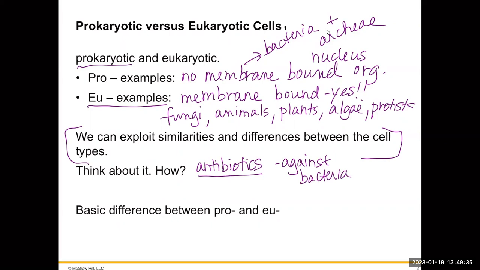So what we do is the antibiotics can affect the prokaryotes. So they're working on basically the differences between the pro and the eu. So they affect the prokaryotes without having a lot of side effects in us. Okay, so you should definitely know the basic difference between the prokaryotes and the eukaryotes. So it's all about membrane-bound organelles.